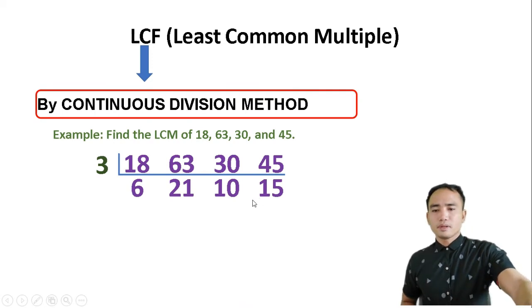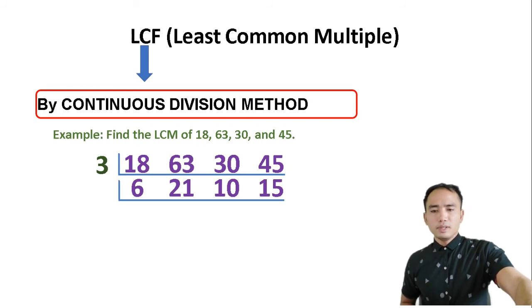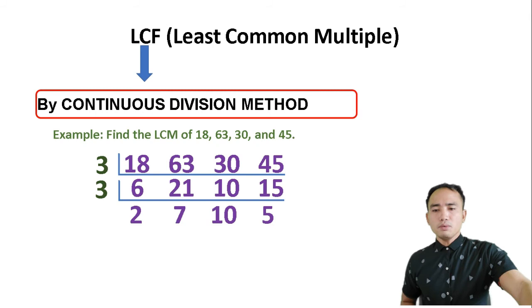Alright? So we can divide at least 2 of this group of numbers by 3. So 6 divided by 3 will give us 2, 21 divided by 3 will give us 7, and we will bring down 10 because we cannot exactly divide 10 by 3. And 15 divided by 3 is 5.